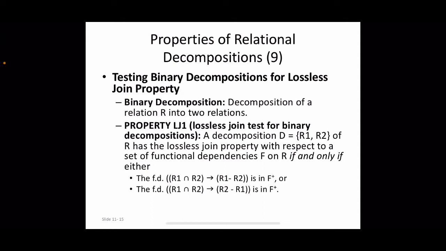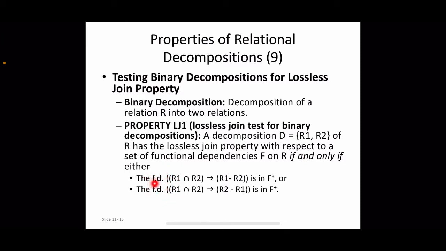The property is that a decomposition D = {R1, R2} of R has the lossless join property with respect to a set of functional dependencies F on R if and only if either of these two conditions holds.